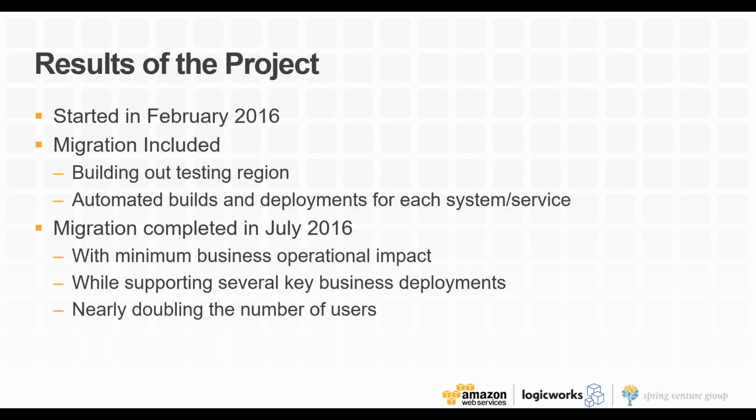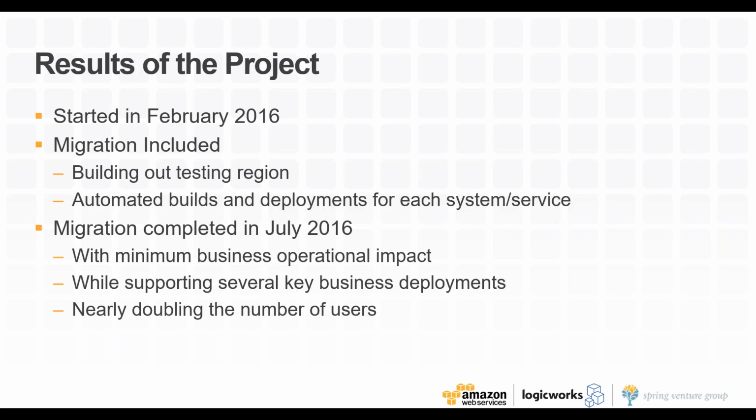Additionally, one of the big benefits that we got was building out a separate testing region, which we didn't have in our on-premise environment, which has helped us increase the quality of our solutions as we deliver them to production. We delivered the last of the 3 phases of our migration in July of last year. We did that with minimal business operational impact.